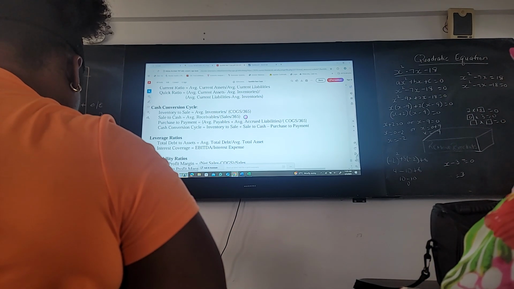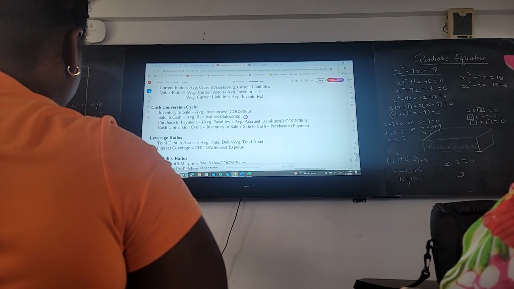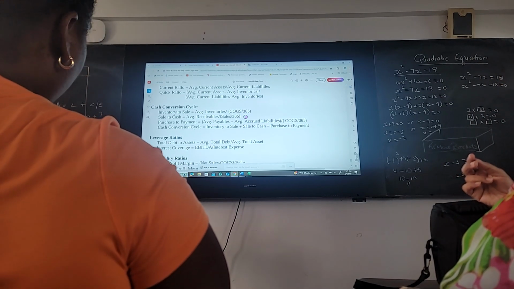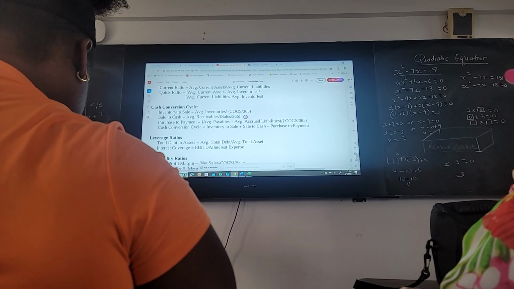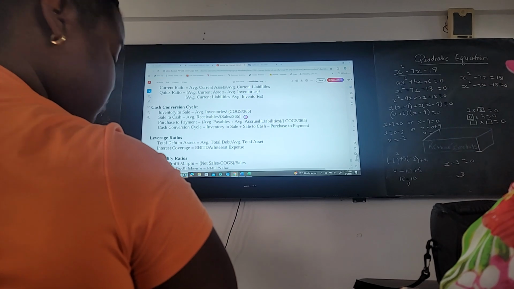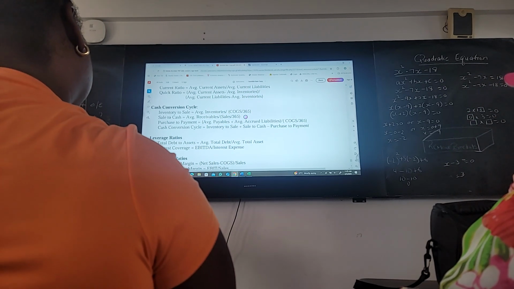As you run the business, you might use your own money to acquire inventory. How long does it take before that inventory is sold to give you some cash? So inventory to sale. Then sale to cash, because some of your sales are on credit, so how long does it take to convert that to cash?